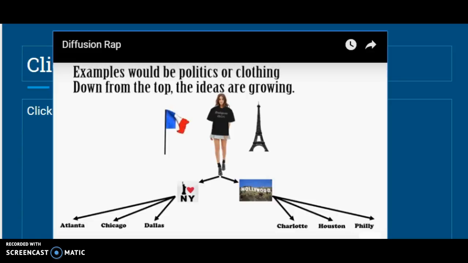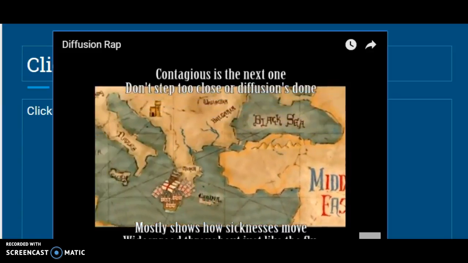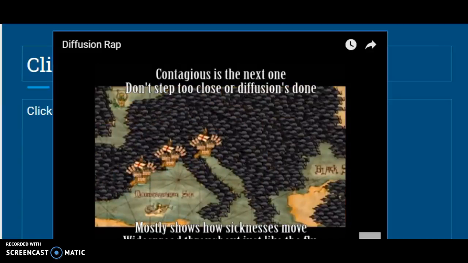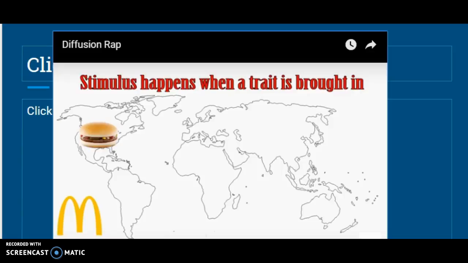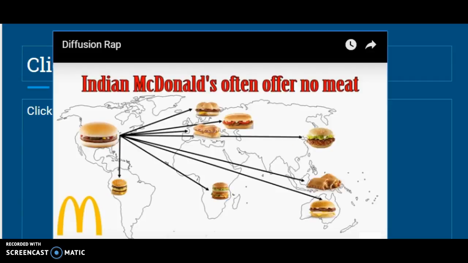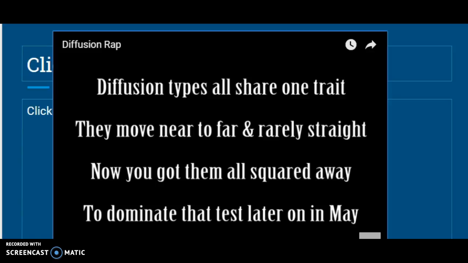Examples would be politics or clothing. Down from the top, the ideas are all growing. Contagious is the next one. Don't step too close or diffusion's done. Mostly shows how sicknesses move, widespread throughout just like the flu. Stimulus happens when a trade is brought in, and it's changed a bit to satisfy them. Indian McDonald's often offer no meat, and others without pork in the Middle East. Diffusion types all share one trait: they move near to far and rarely straight. Now you got them all squared away to dominate the test later on in May.